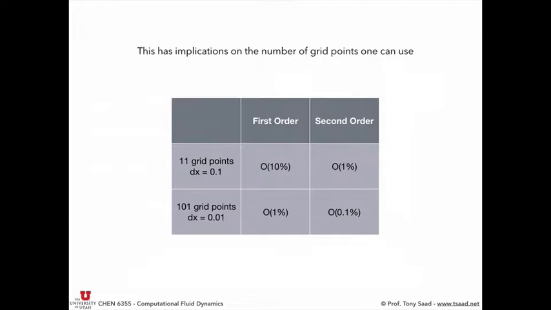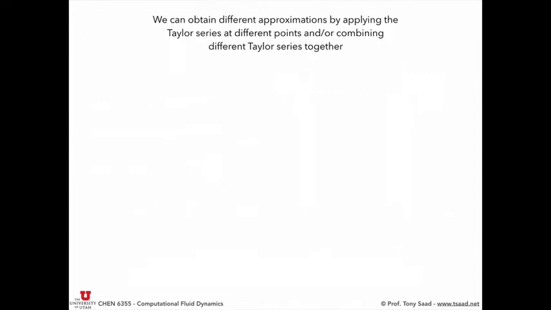Okay, so now we saw the formalism with the Taylor series and what the implication of the error is. But let's go back to the problem of getting different stencils. So far we were stuck with the 0, 1 stencil, right? I plus 1 and I. What if you want I minus 1 and I, or I minus 1 and I plus 1 and I? Okay, so we can obtain all sorts of stencils for derivatives by combining Taylor series.